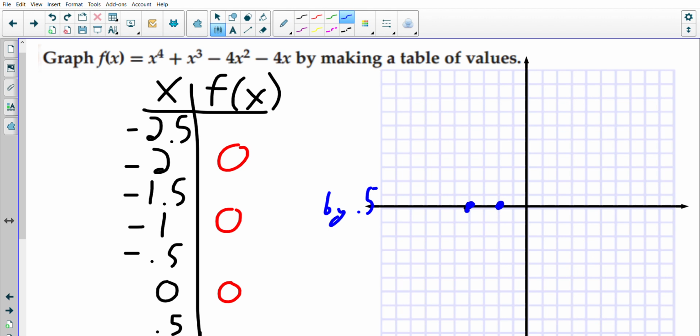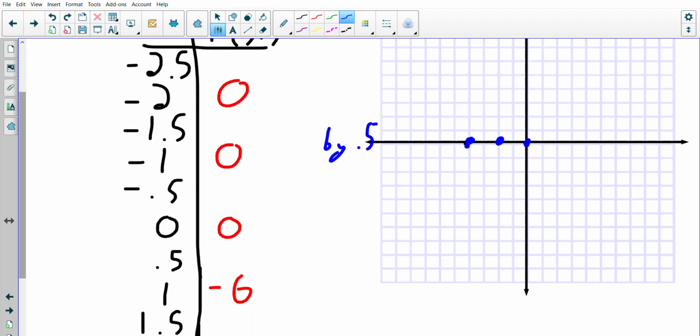Then I go to 0 and I get 0. Then I go to 1 and I get -6. Now that's way down there. -6 would be right about there if I'm going by 0.5s. And then I go to 2 and I get 0.